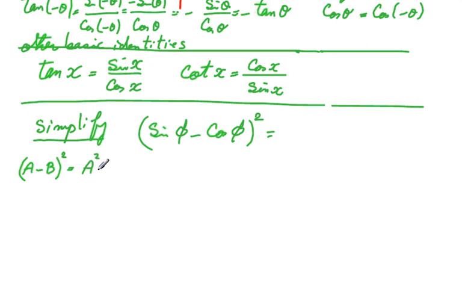Is it plus b squared or minus b squared? There are different ways of writing it, but everybody comfortable with this? A minus b squared is a squared plus b squared minus 2ab. You need to know that from college algebra before we get going.